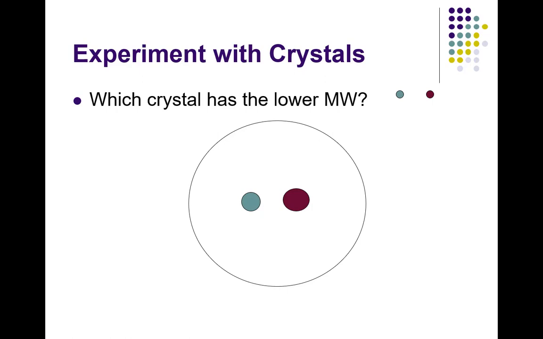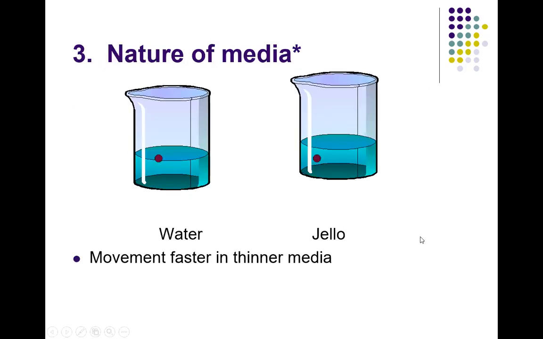It's not all jagged, but it's massive. How far are you going to be able to push it? Not very far. So when we look at this, the one that has the lower molecular weight is the one that had the greater diffusion. So it would be this kind of magenta, purpley looking one here versus the blue that we're seeing here.